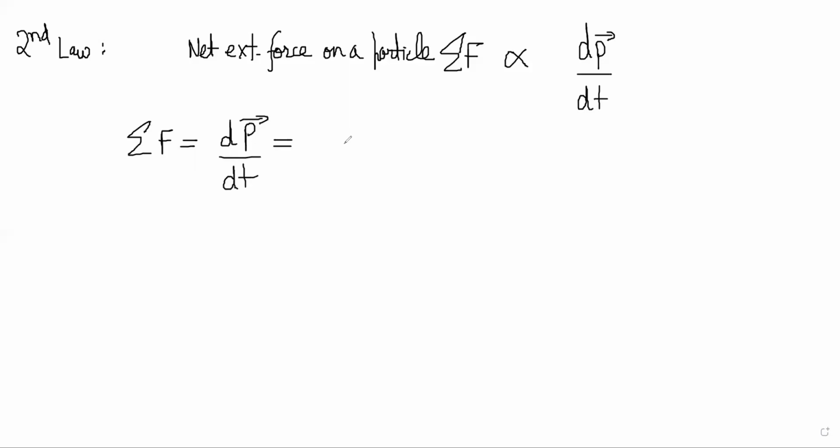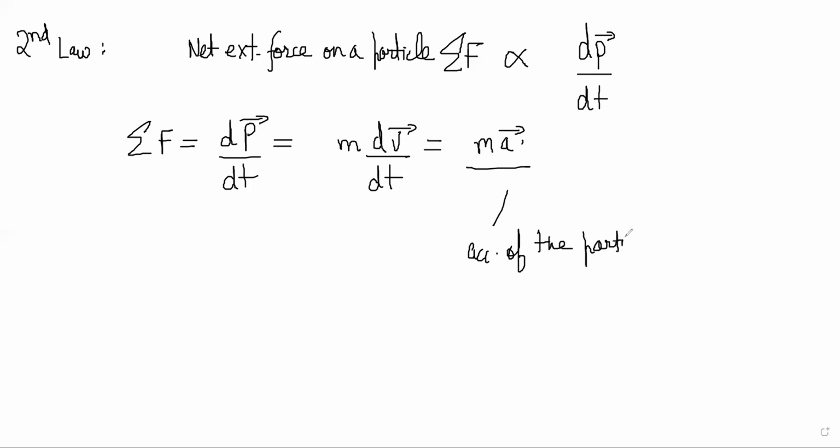Now, since P is equal to mv, you can say m dv by dt. So this becomes your typical F is equal to ma equation, where a is the acceleration of the particle, and these are all the external forces together acting on the particle.